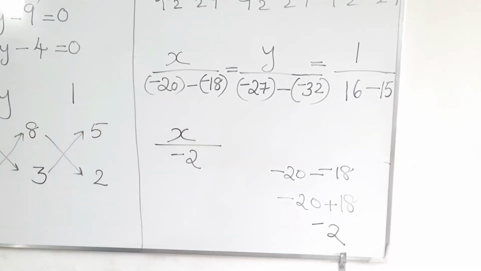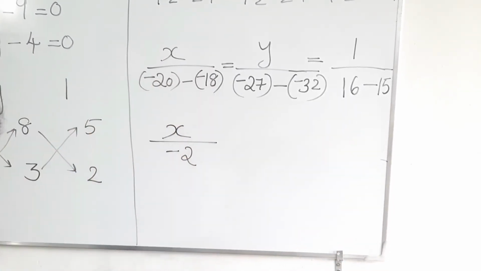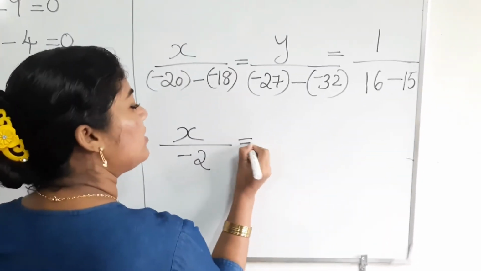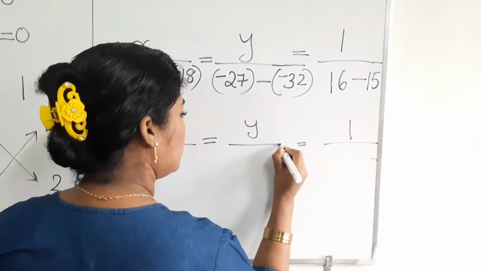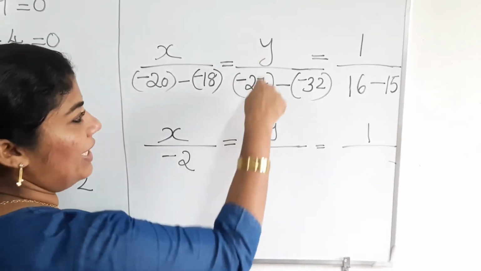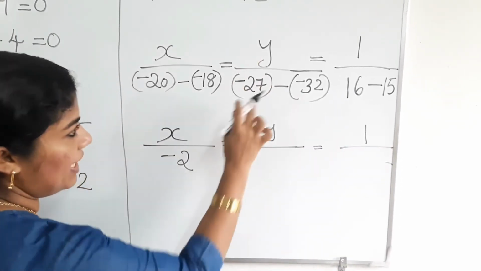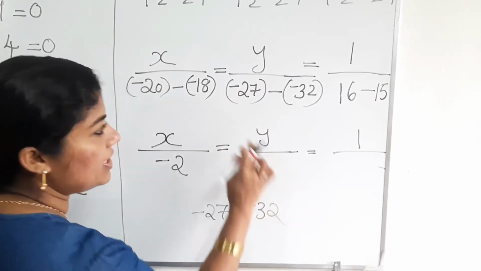Okay, the first portion is over, which is equal to y divided by what, and 1 divided by what. Can you write this one yourself? Okay, y divided by minus 27. So write here minus 27 minus 32. See this step.